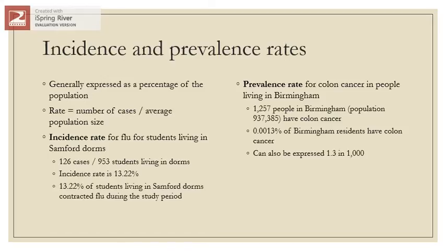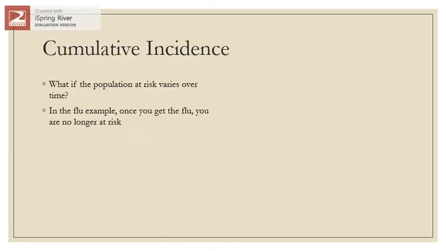You take 1,257 divided by the population of Birmingham, and we can calculate that 0.0013% of Birmingham residents have colon cancer, or you can also express it per 1,000 residents, and in that case it would be 1.3 per 1,000 Birmingham residents. So again, the incidence rate and the prevalence rate are calculated the same way. They just indicate chronic versus acute conditions.